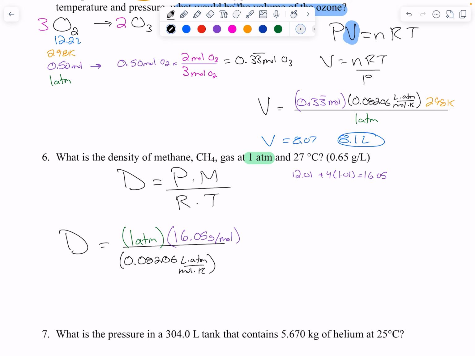And temperature, 27, so you add 273. That's 300 K. So if I take my 1 times my 16.05 divided by R, which is 0.08206, and divided by our 300, we get 0.65. How about that?